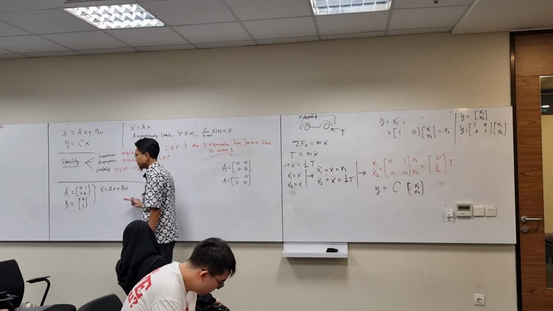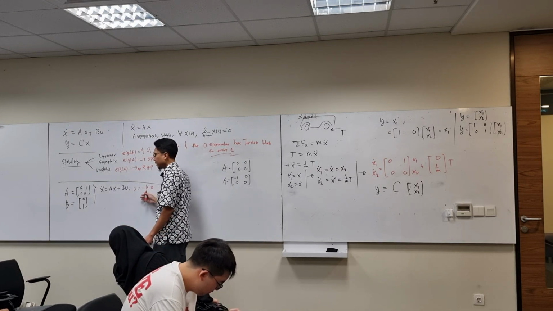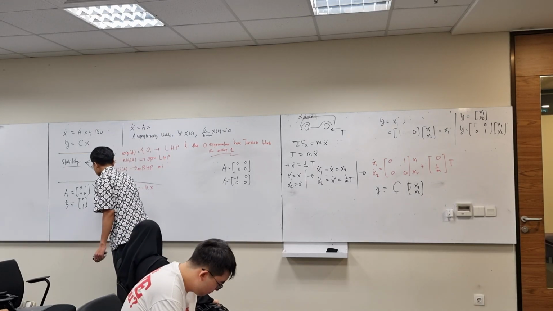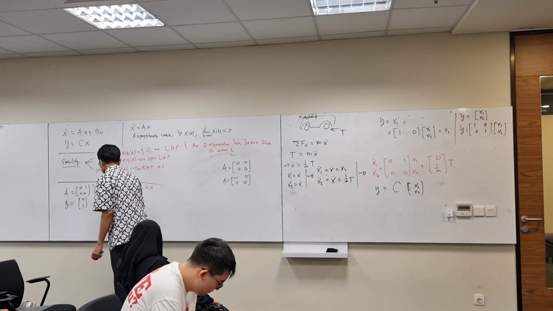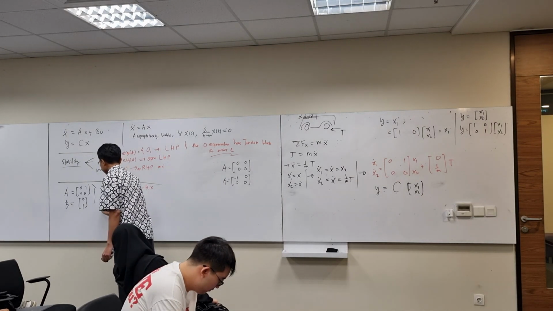We will use U equal to minus K times X. K is our feedback matrix and X is the state. So the system becomes x-dot = Ax minus BKx, which is (A minus BK) times x.